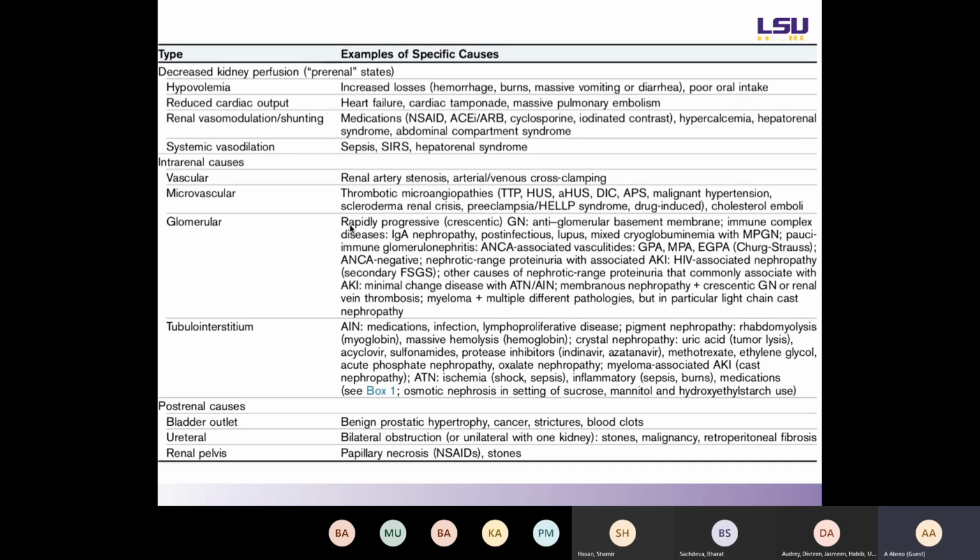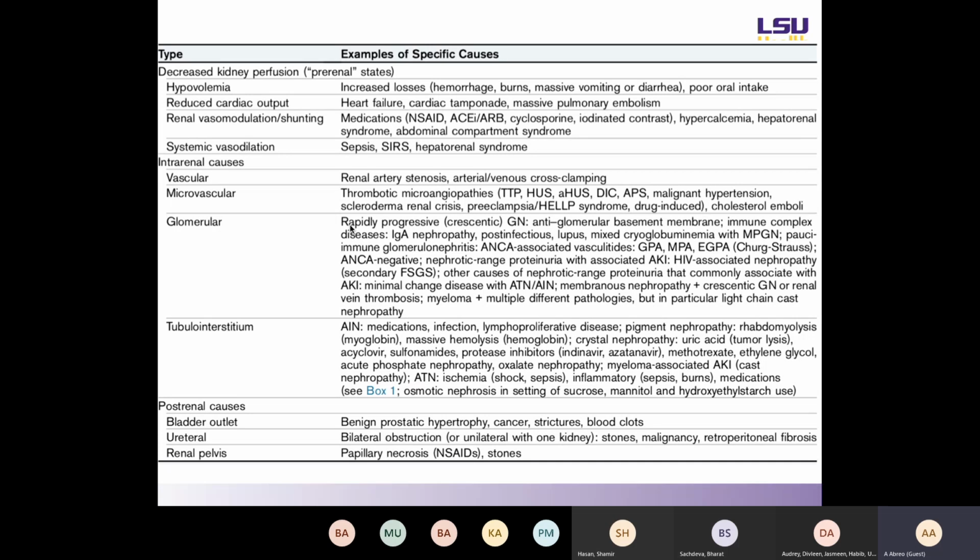And then, of course, our big most fascinating one that entertains most nephrologists is the glomerular category. Your hematuria and your proteinuria will clue you into that characteristic of renal pathology.